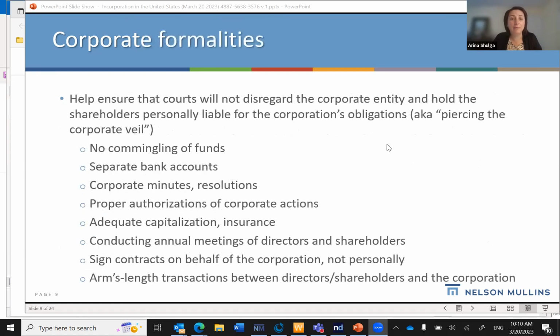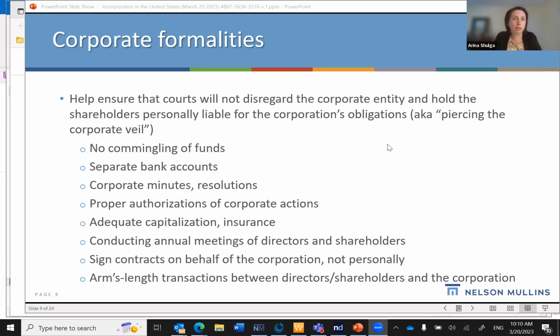Okay, I previously mentioned corporate formalities. They're super important. And the main point I'd like to make here is that the corporation or an LLC, whatever legal entity you choose to create, needs to have its own bank account. And you cannot commingle your personal funds and the corporation's funds. Think of a corporation as a legal person, right?